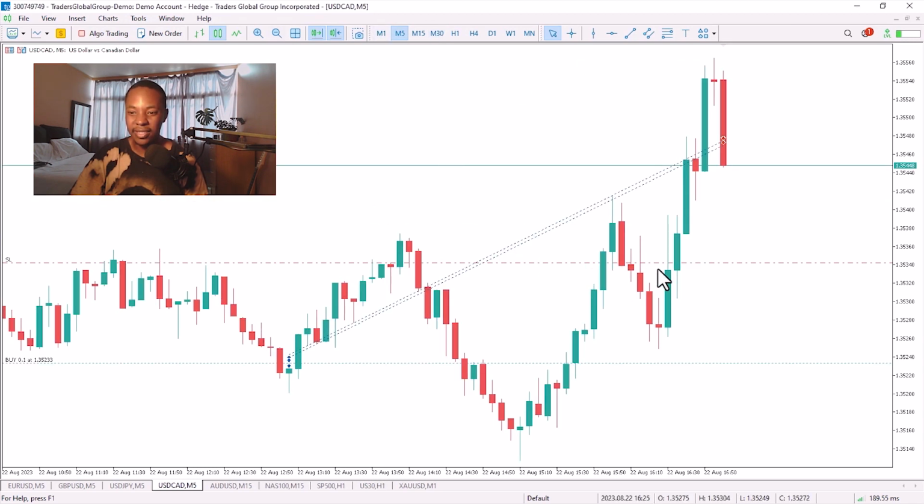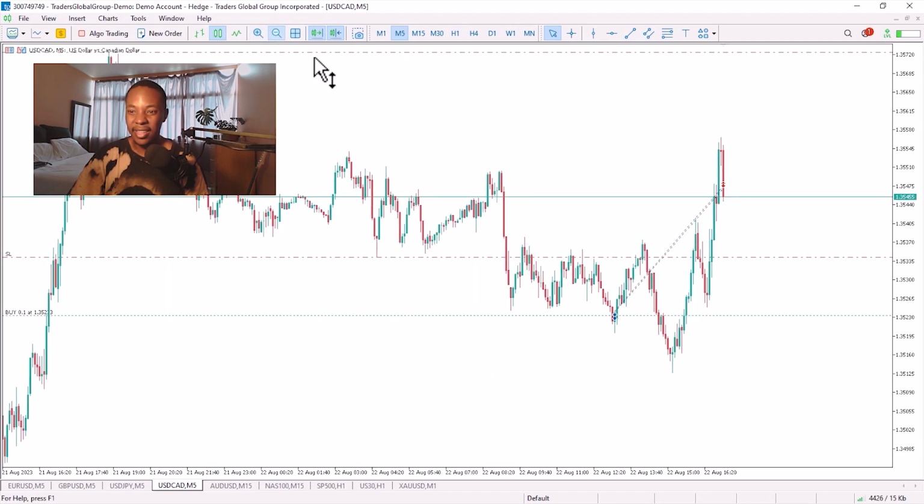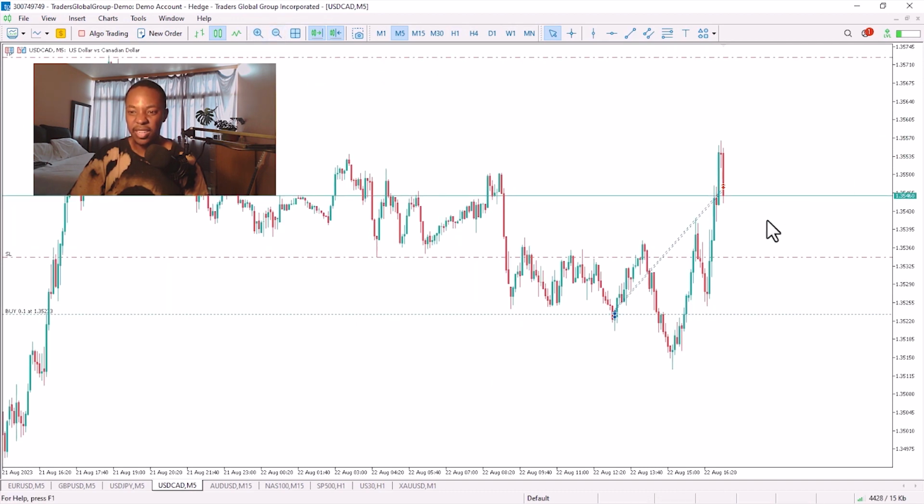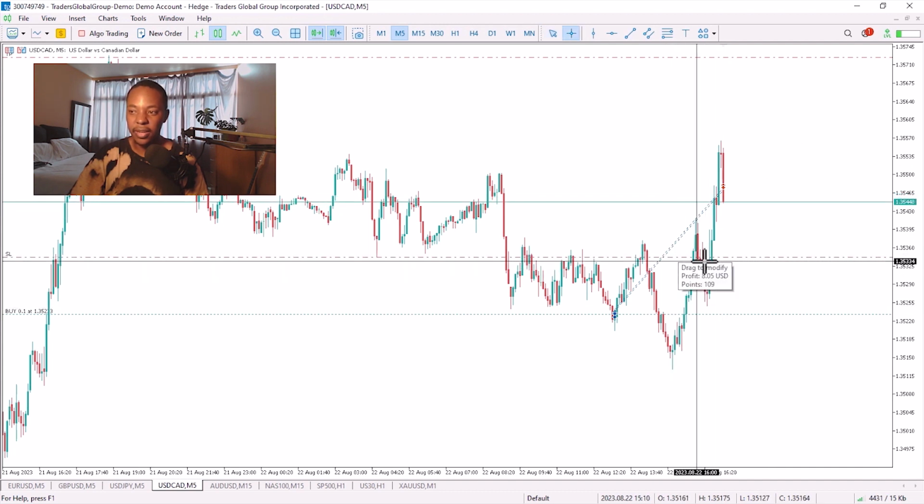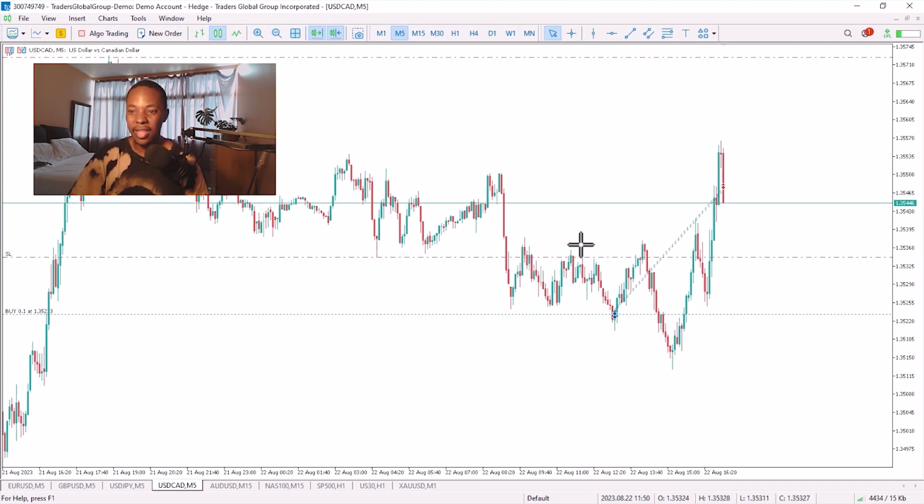I'm expecting it to respect this order block here and keep shooting up. So I'm just gonna take partials there, and then I'll ride the last one all the way up there. I know I can just put it here, but if it comes all the way down here, I'm done with it. I am done with the USD CAD. So that's what I have.